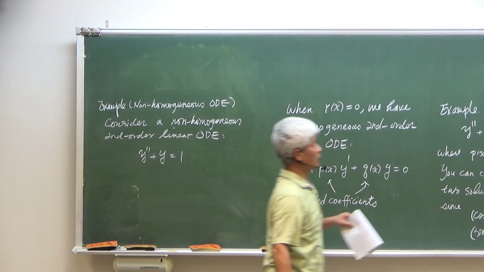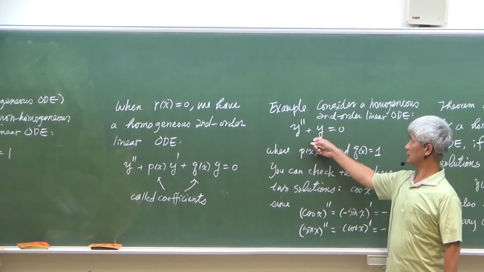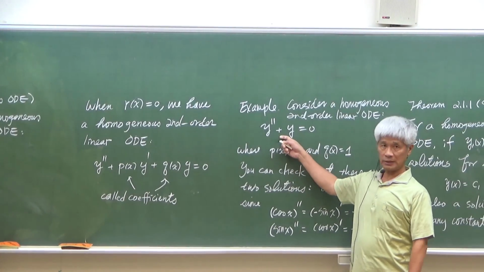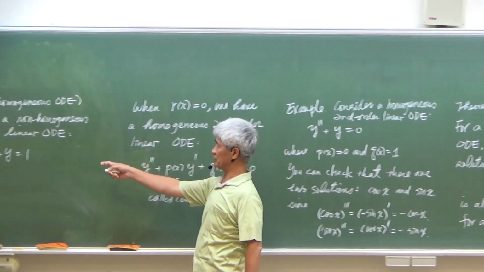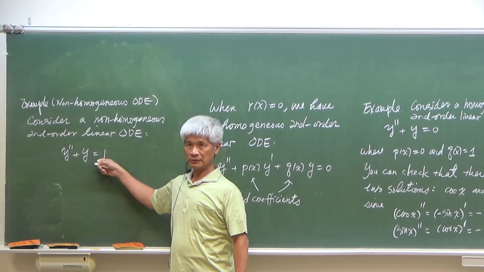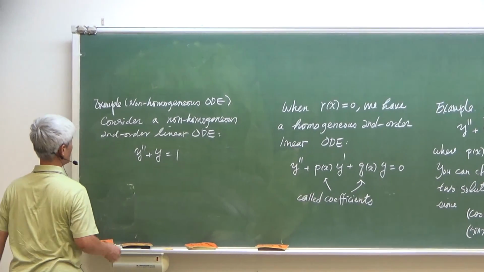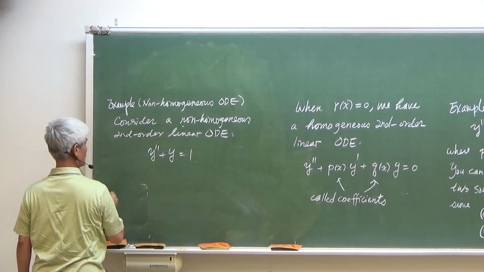Okay, so it's a little bit different from this one. This one is homogeneous, but this one is not homogeneous because we have a non-zero R(x) on the right hand side. So this is zero.